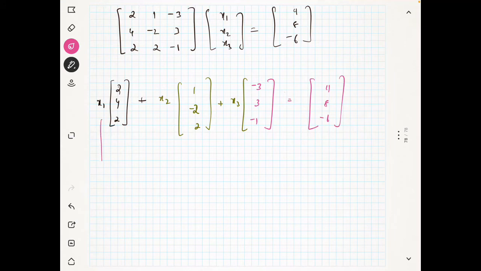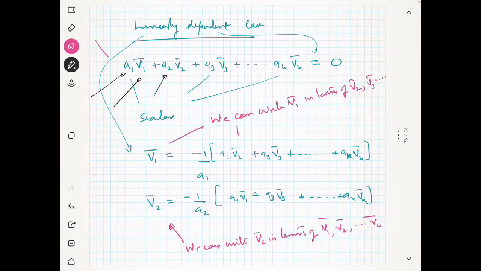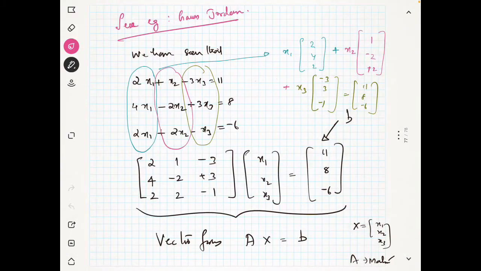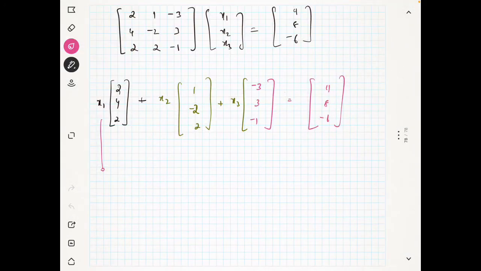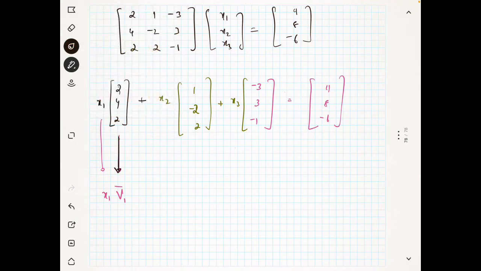Now I can say that your scalar constants, if you compare with this equation, I have already told you this is something like x1 into, let's say, this is v1, plus x2 into v2 plus x3 into v3 is equal to 11, 8, minus 6.